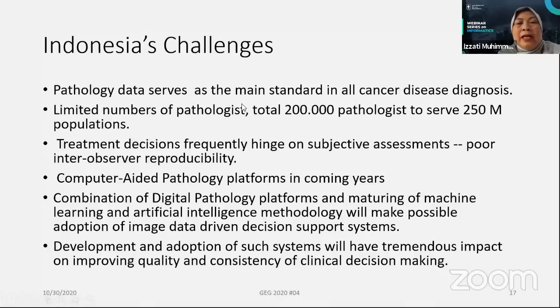So this is the main standard in all cancer disease diagnosis in Indonesia, for all kinds of cancer.